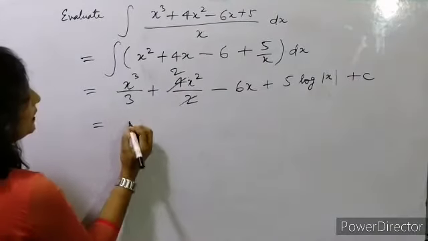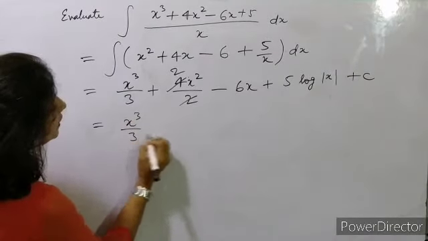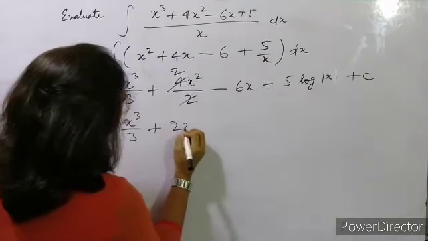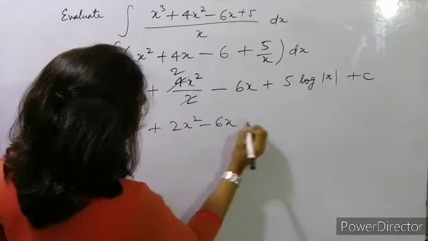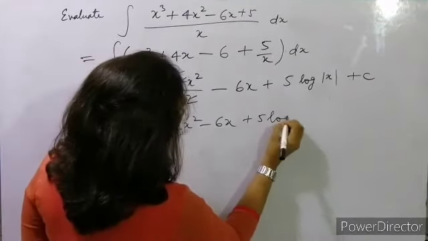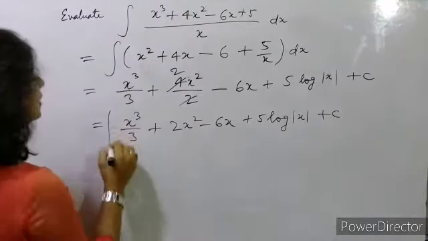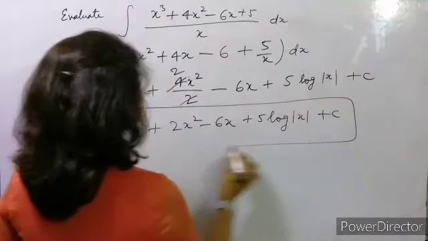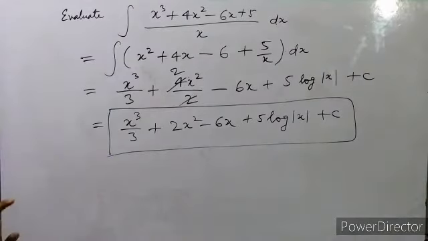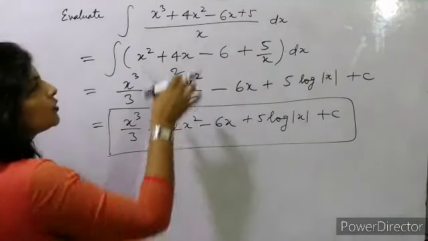So what will be the value? X cube upon 3 plus 2x square minus 6x plus 5 log of x plus c. So this will be the integral value. This will be the integral function of.